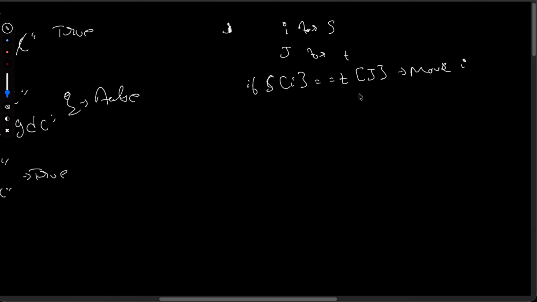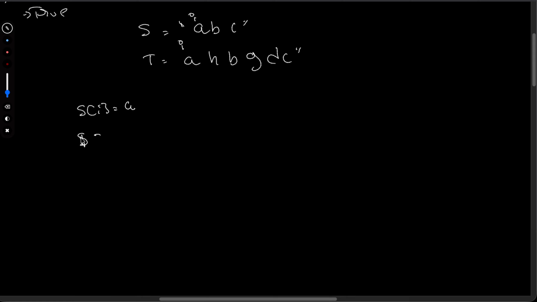We always move j. At the end, if i is equal to s dot length, all characters are found. So let's try it.